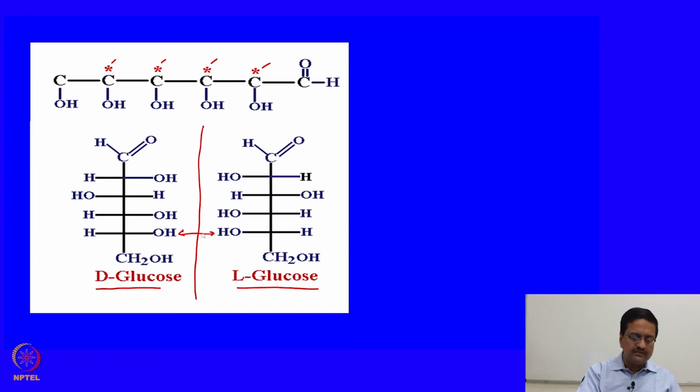This OH and OH are mirror, hydrogen and hydrogen are mirror, and OH and OH are mirror. So when you invert the chirality of every chiral center, you get the other version.